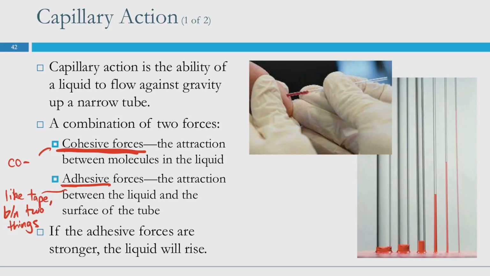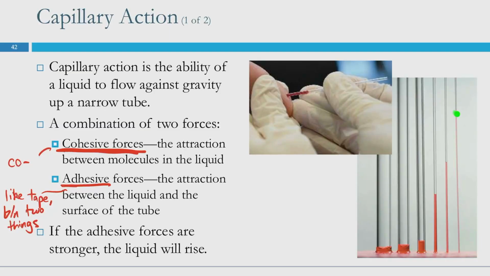If you have strong adhesive forces, then the liquid will tend to rise up the tube for magical reasons. This is part of how water climbs in trees, allegedly. There's some other things going on with that. So you can see this is a water-based liquid. If we have a wide capillary tube, it doesn't rise very much.